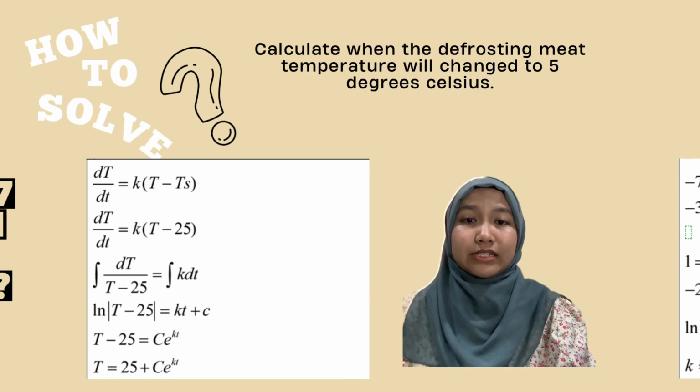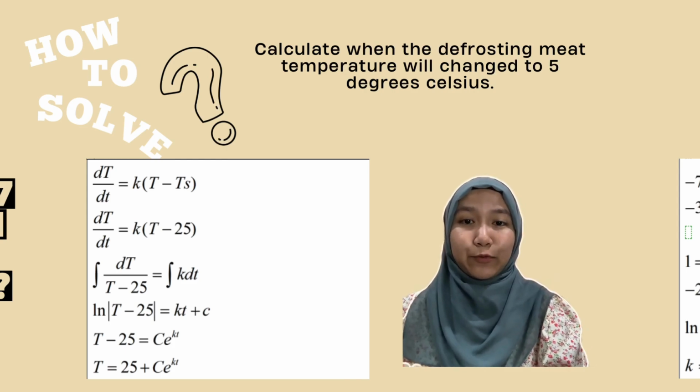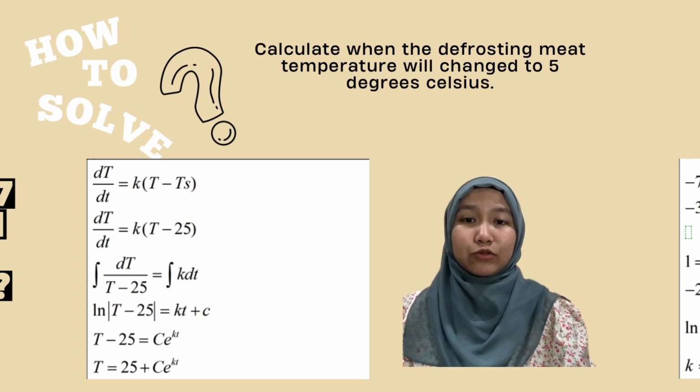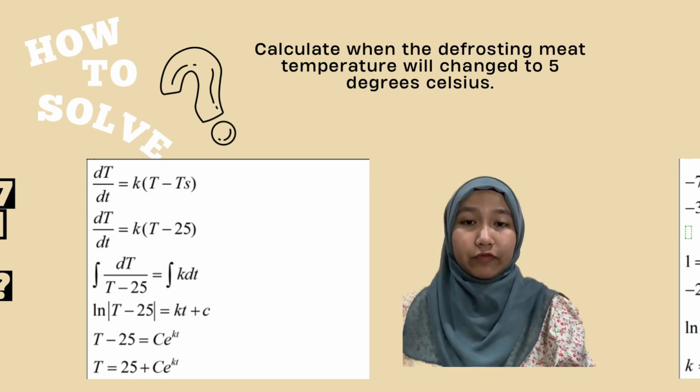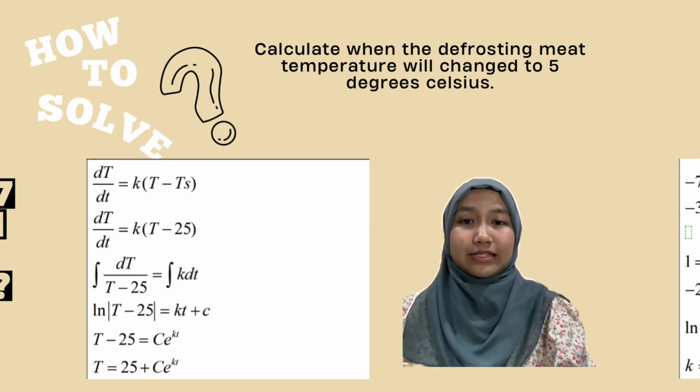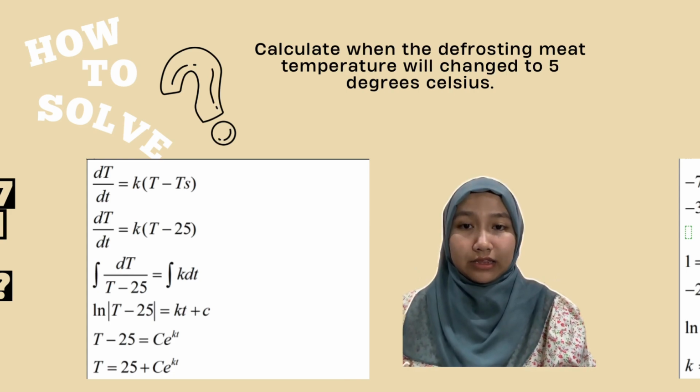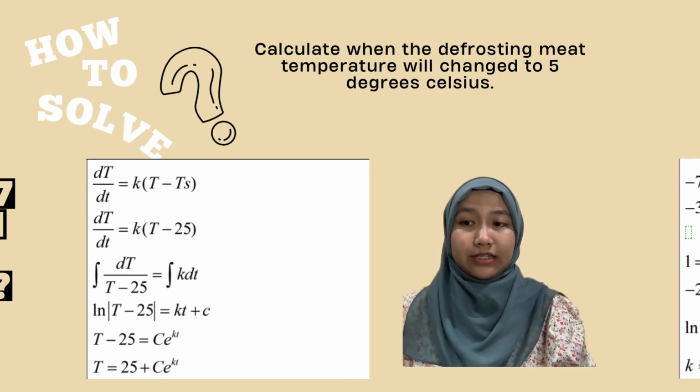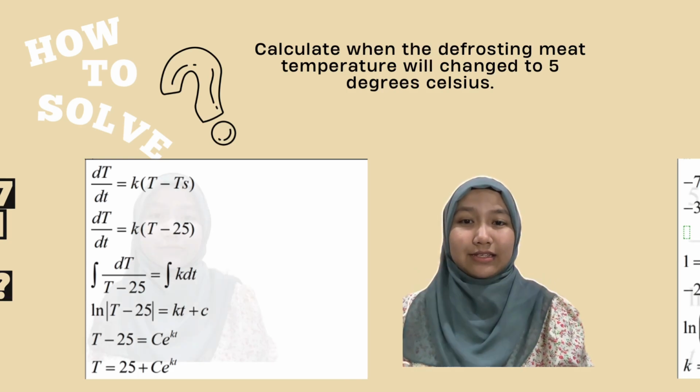Then we use the separable method, where we integrate both sides. For the left side, we integrate dT over (T minus 25), equal to the right side, integrate k dt. Then we get ln|T minus 25| equals kt plus c. Then we get rid of the ln, so T minus 25 equals Ce^(kt), and T equals 25 plus Ce^(kt).